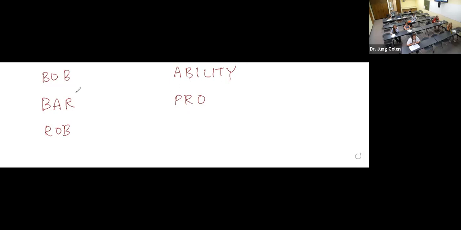Choose one word, find the probability, and let me know which word you choose. Morgan, are you going to do ability? No, it takes too much time. Okay, find something. You can make your own word, or you can choose one of these. But I really want you to find the probability for that.